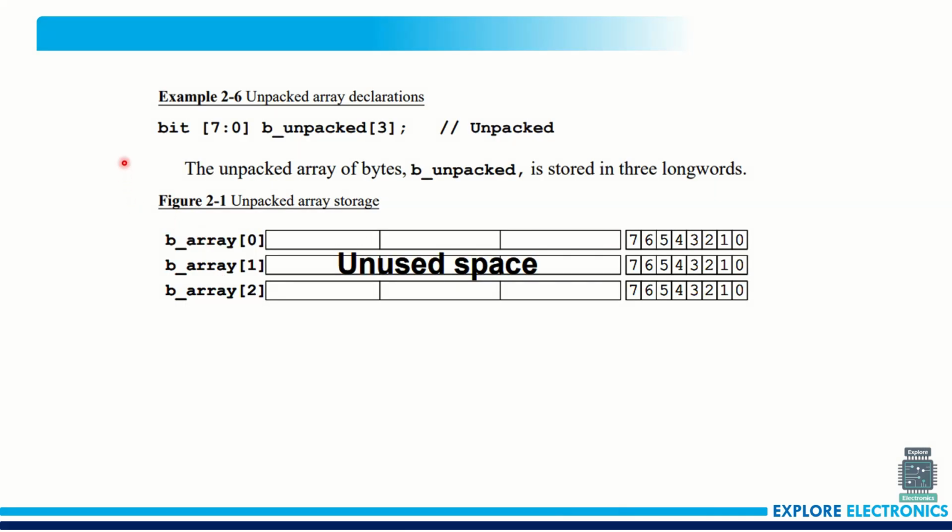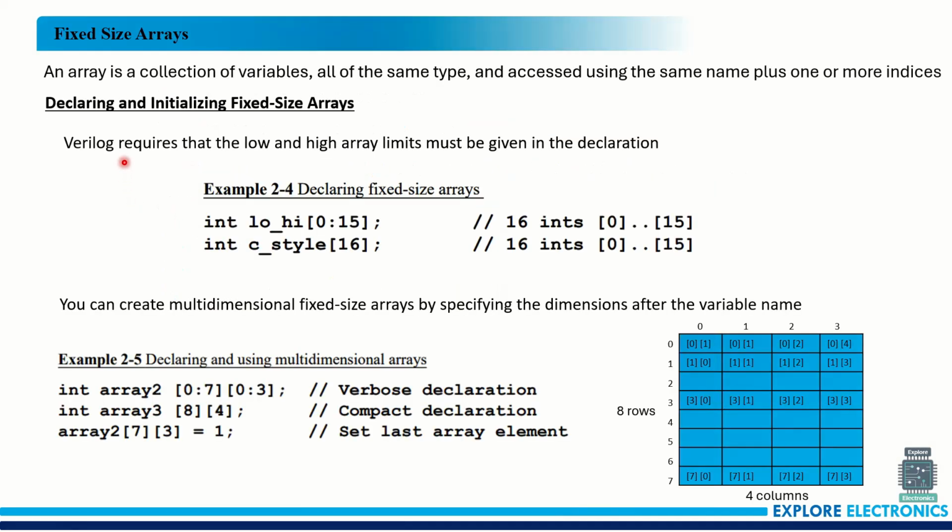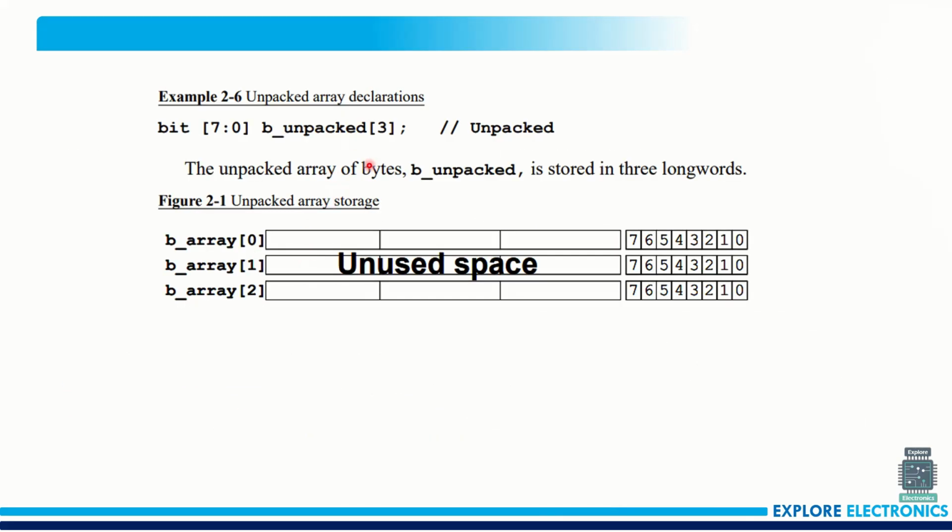Then we have unpacked arrays. These are also unpacked arrays. Unpacked array means the size is represented after the name of the array. Remember, in this way, when the size of the array is represented after the variable name, it is called an unpacked array. Here also there are 3 elements in the array.